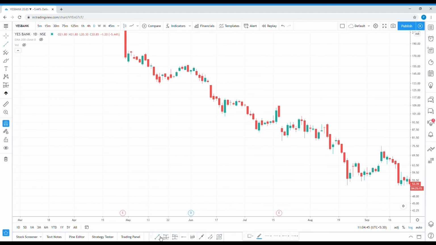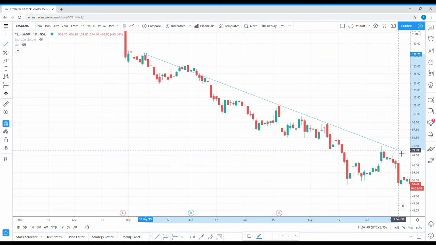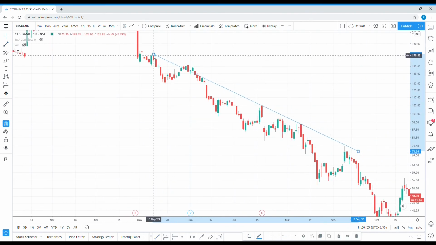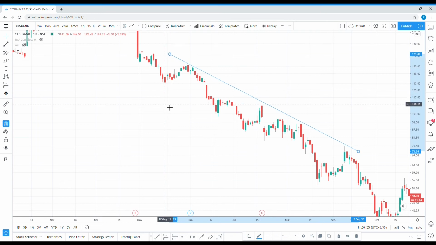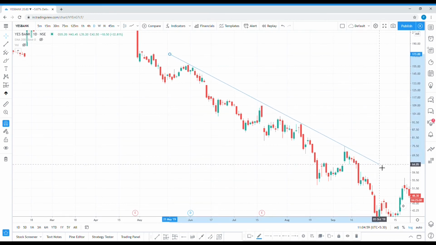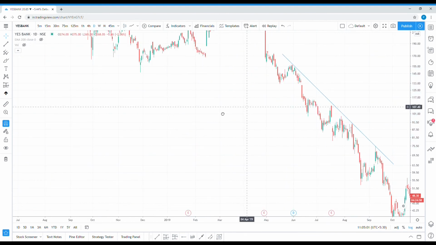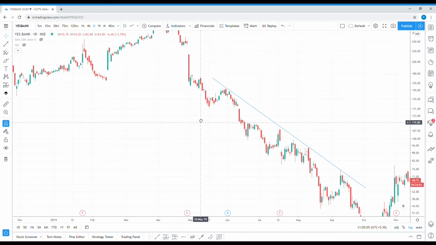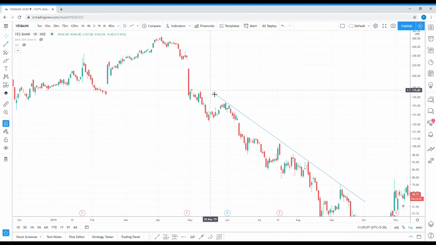So what we can do is try to match as many points as we can. So yes, the stock started falling. Okay, we can, I think, match.